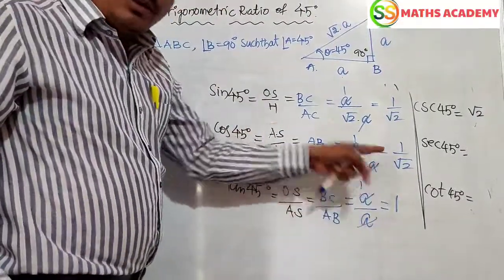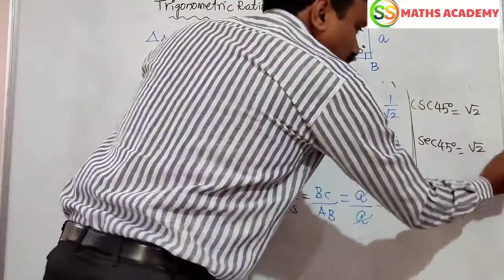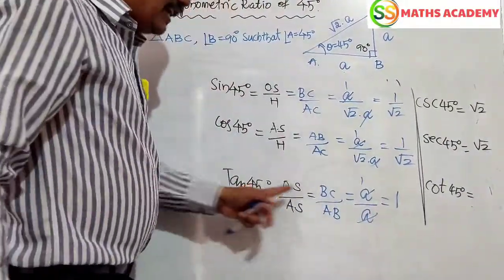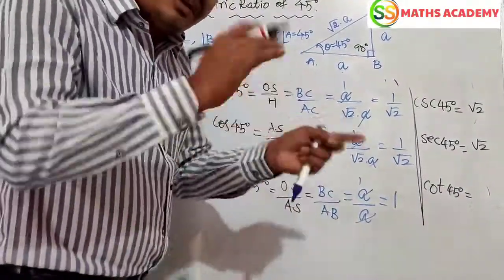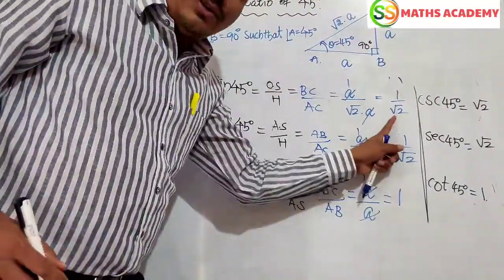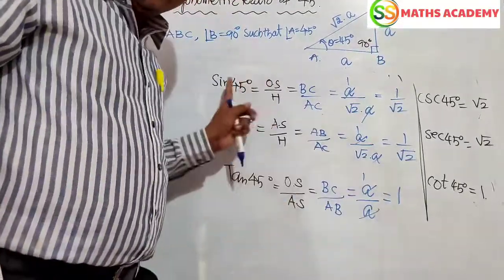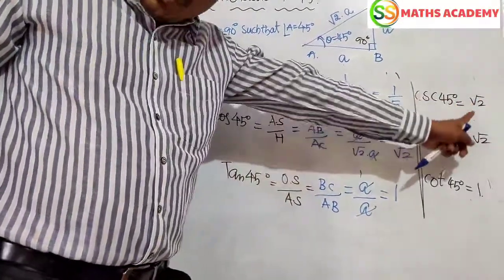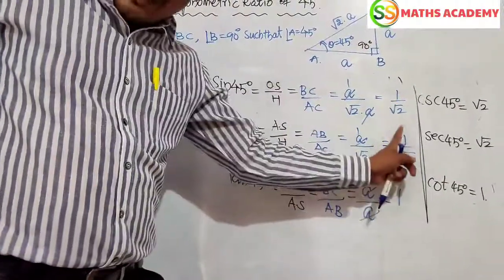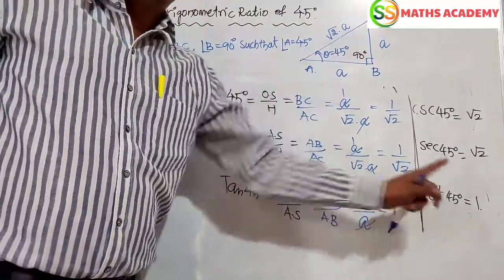Cos 45 is 1 by root 2, so its reciprocal is also root 2. Tan 45 is 1, and its reciprocal is 1. So sin 45 is 1 by root 2, cos 45 is 1 by root 2, tan 45 is 1, cosec 45 is root 2, sec 45 is also root 2, and cot 45 is 1.